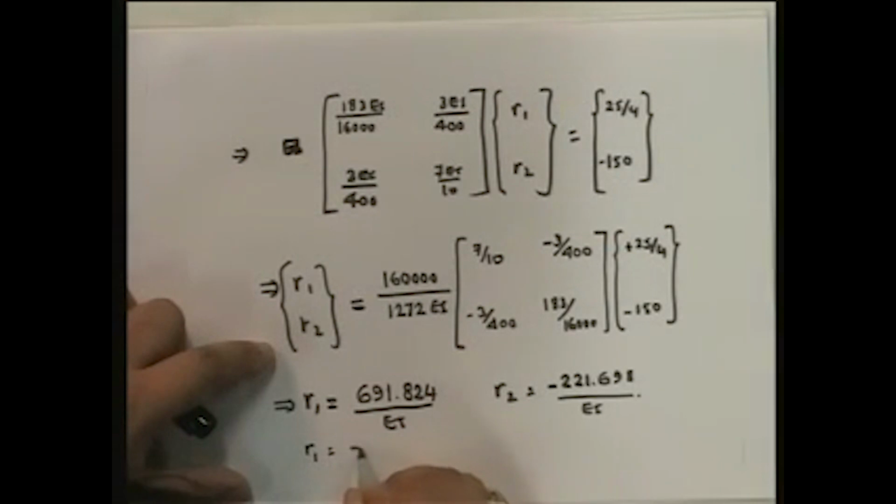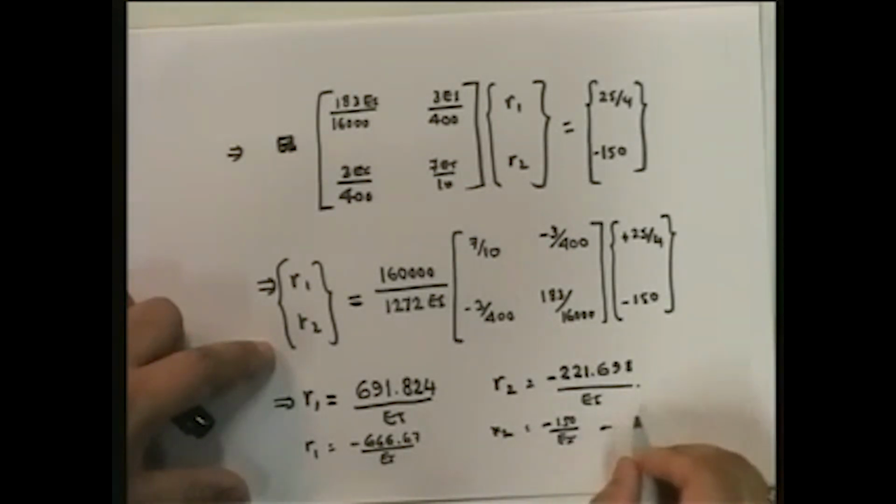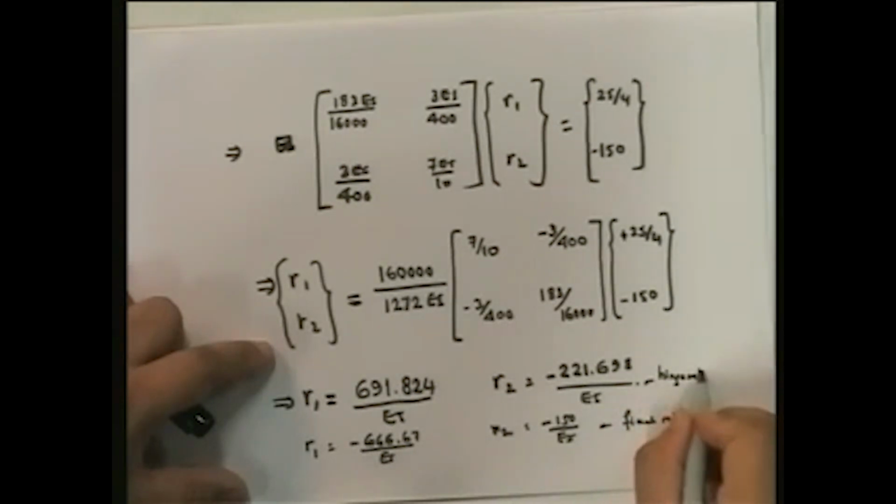Fixed case, R1 was equal to minus 666.67 upon EI, and R2 was equal to minus 150 upon EI. That is when fixed roller. This is hinge roller.